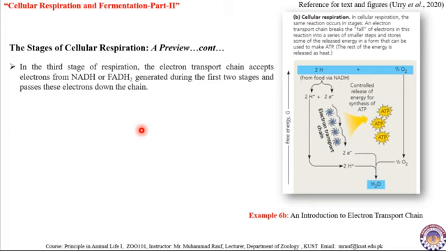These electrons move down the chain from one acceptor to another, and there are a series of redox reactions where one acceptor is first reduced, and then when it delivers its electrons to another carrier, it is oxidized and it reduces the other carrier. This process occurs once more until the electrons are finally accepted by oxygen, forming water.